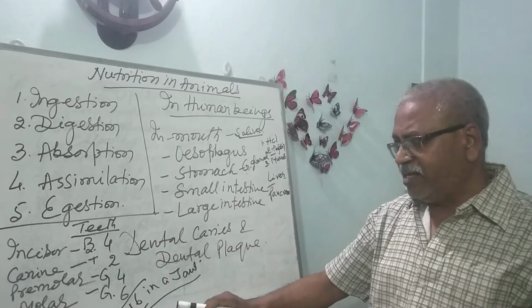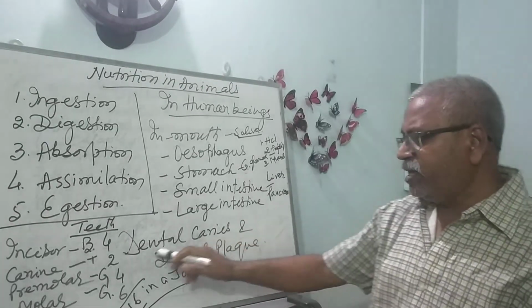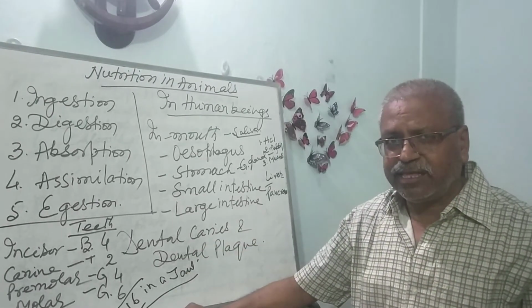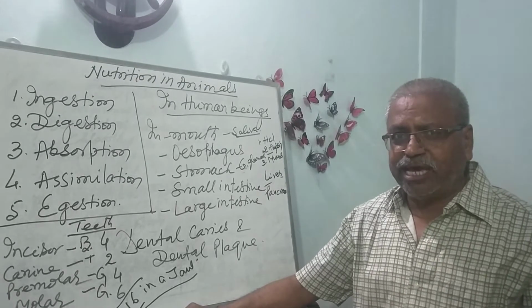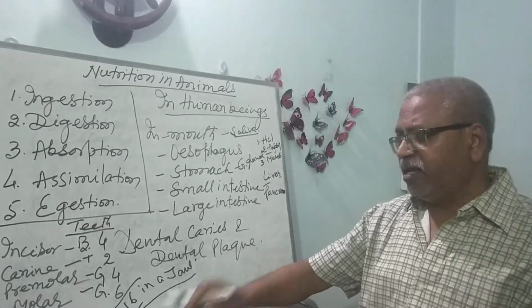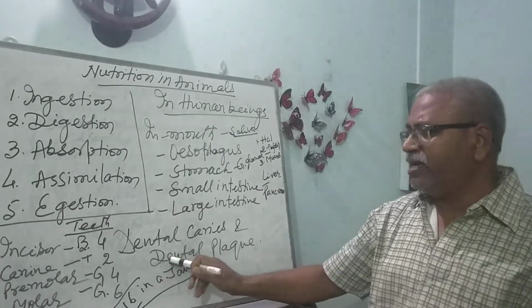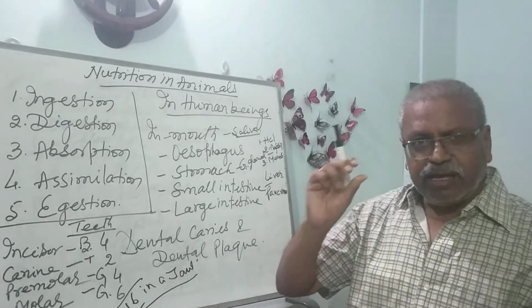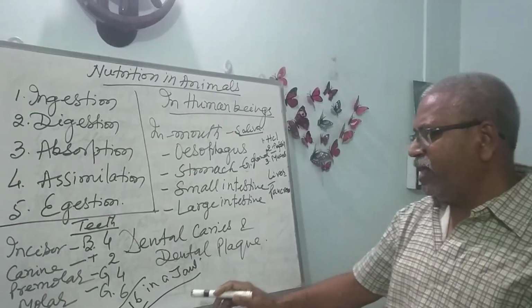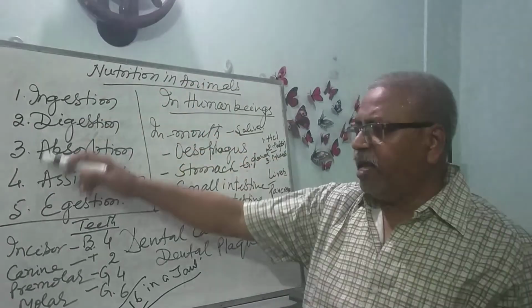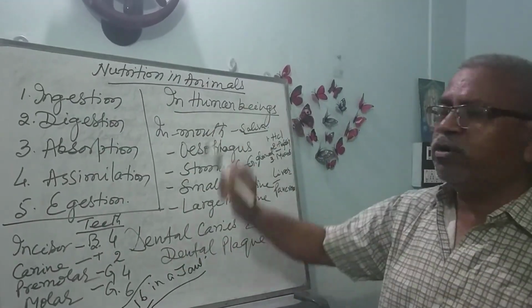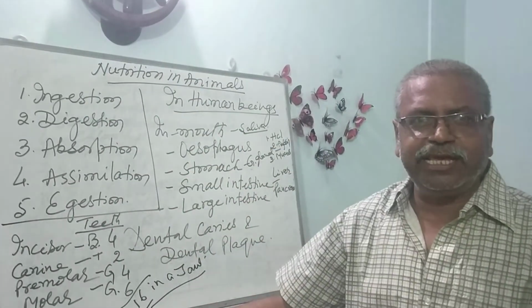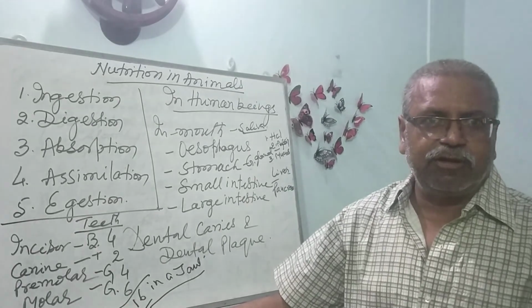As a result, if dental plaques are formed on the teeth, acid forming bacteria produce acid which damages the dental upper portion. In this way, I have completed the whole process of nutrition in animal. That's all. Thank you.